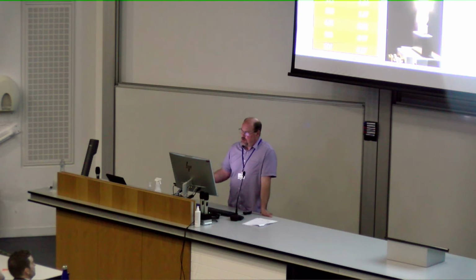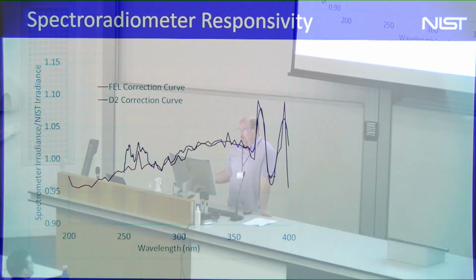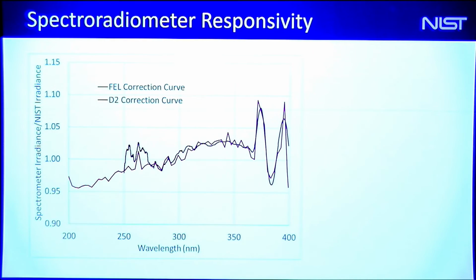The problem with that is this doesn't look like the deuterium lamp, which is eventually what I want to calibrate these devices with. And I got a lot of red and infrared light here. But if I use a good spectrometer and calibrate it with these two devices, this is the responsivity curve at different wavelengths from 200 to 400 for a good device.